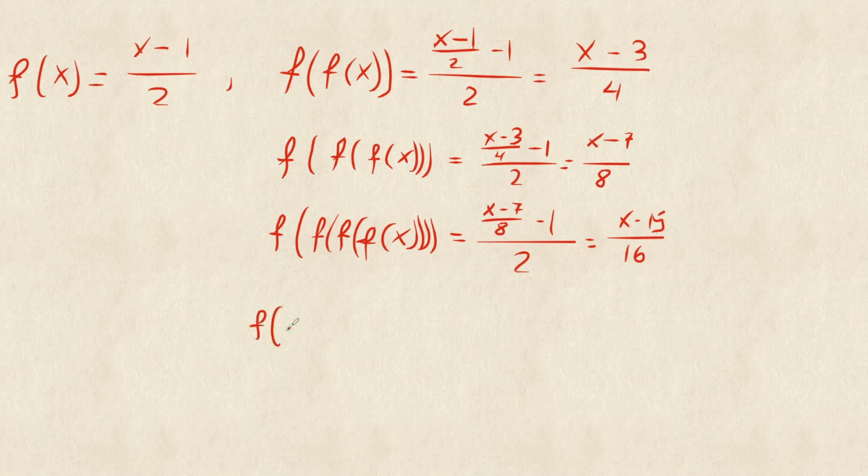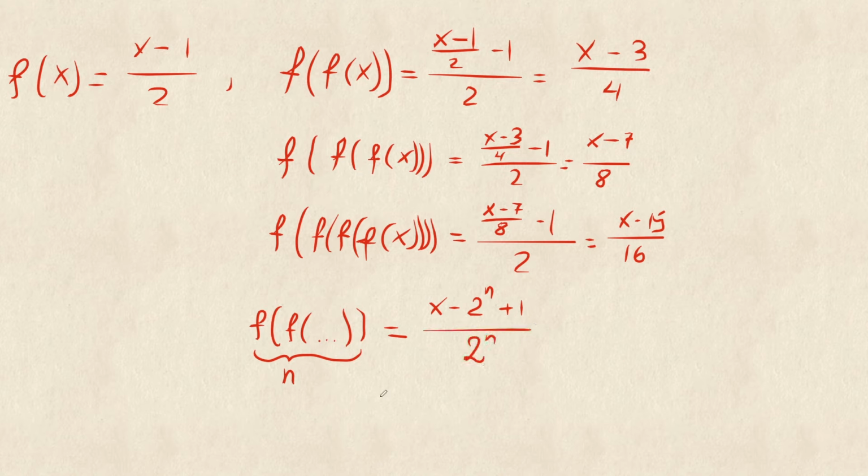Okay, we're almost there. Now what we need to do is identify the pattern, how the expression would look for n times, if we repeat this process n times. If you take a look at the expression, we have x minus 3, 7, 15, which means it's 2 to the power of n, and we have to add 1 to get negative 3, negative 7, negative 15.